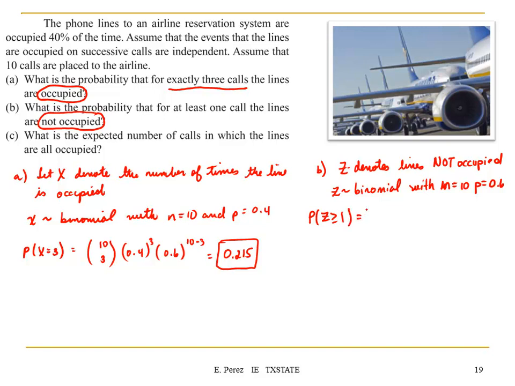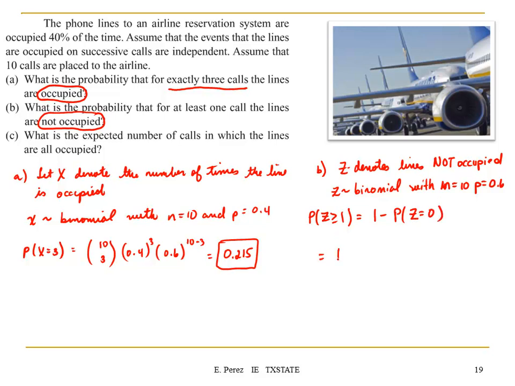As I explained here, if you want to solve this, you know you have 10 samples. So you need to go and find Z equals 1, Z equals 2, and so on. It is easier to solve using the complement. So this will be easier to solve if you look at 1 minus the probability of Z equals 0.